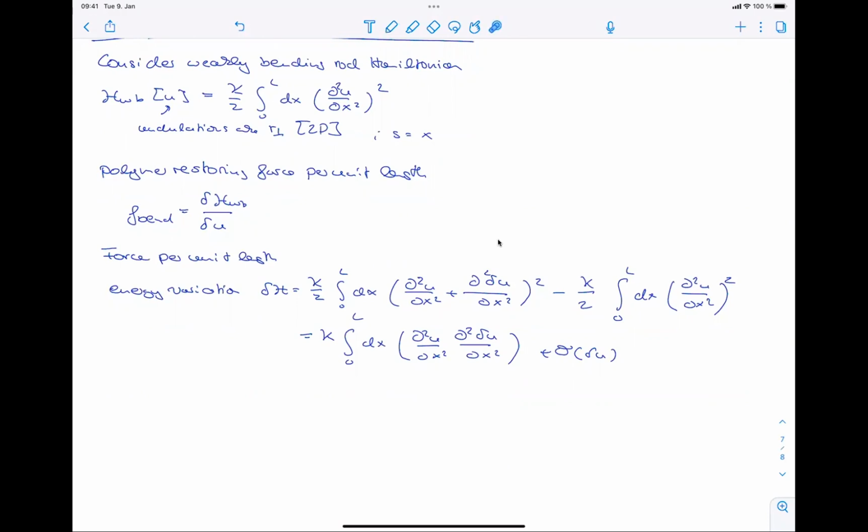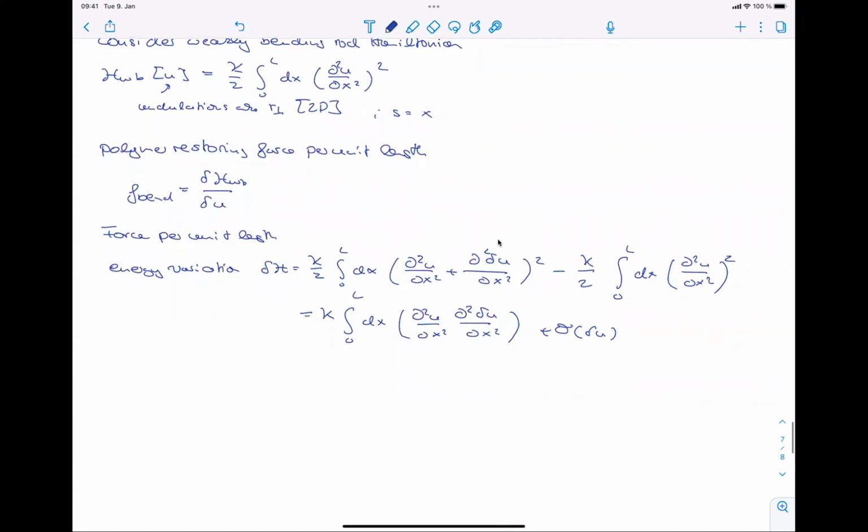We're interested in the dependence on the undulations. So we do, again, two integrations by parts to move the derivatives to the undulations, and then have a linear response dependence on the delta u to identify this restoring force.